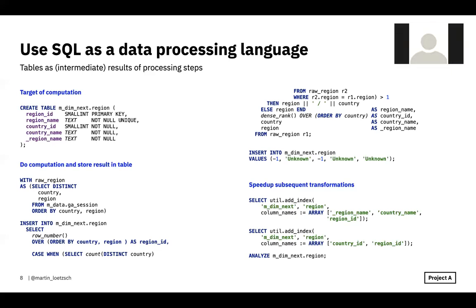Okay, but how does this help? Well, first of all, either of the four things that we talked about, consistency. So this basically makes it easy to build. You have your GA session table, and then you just want to develop this step.